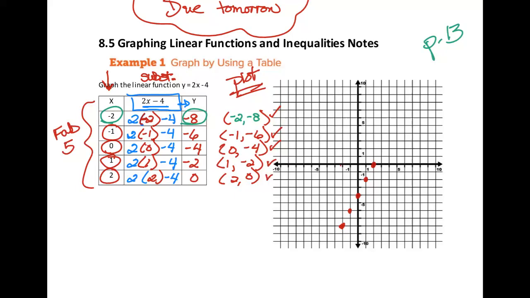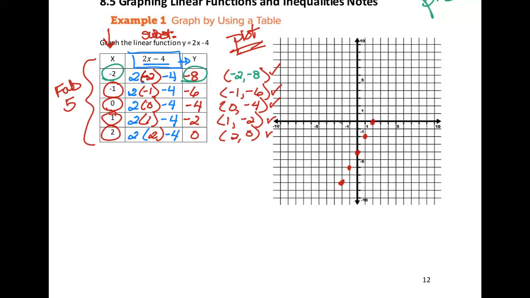And so that's my x-intercept. So we connect all those points with a straight edge or a line. If you have the side of a folder or something that makes a straight edge really straight, I would suggest doing that. And that is your graph.